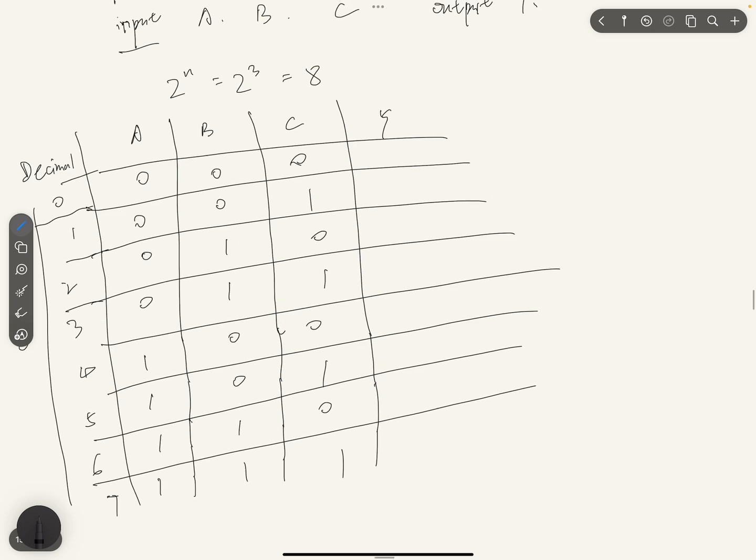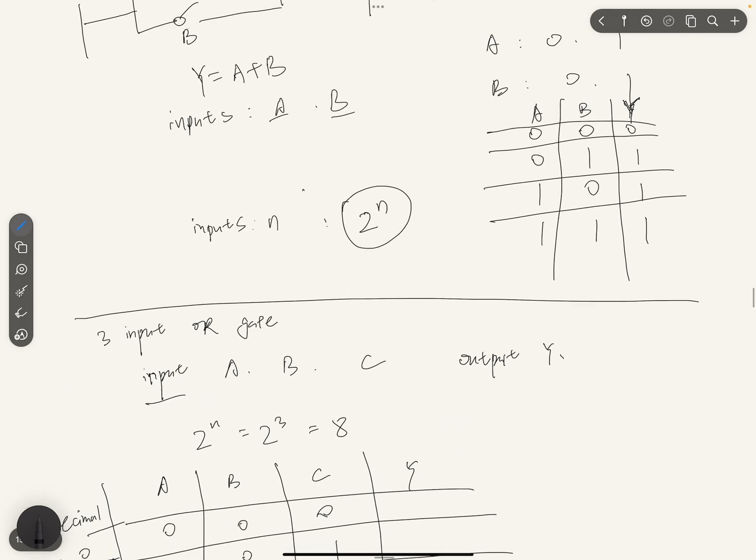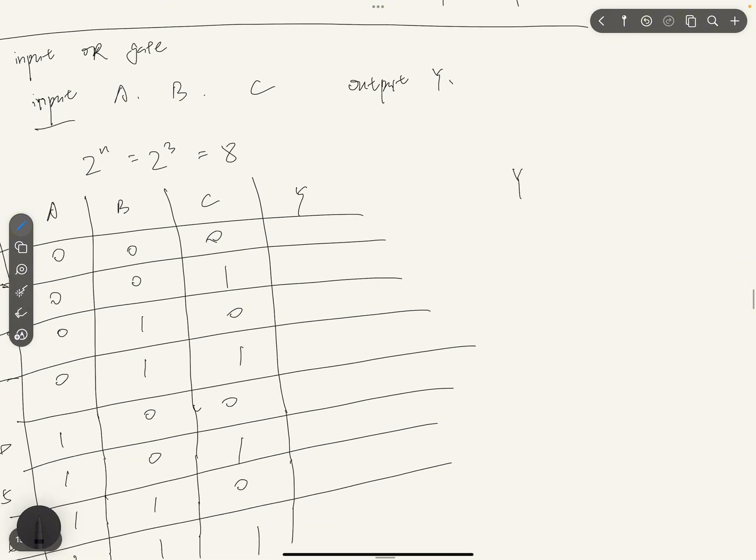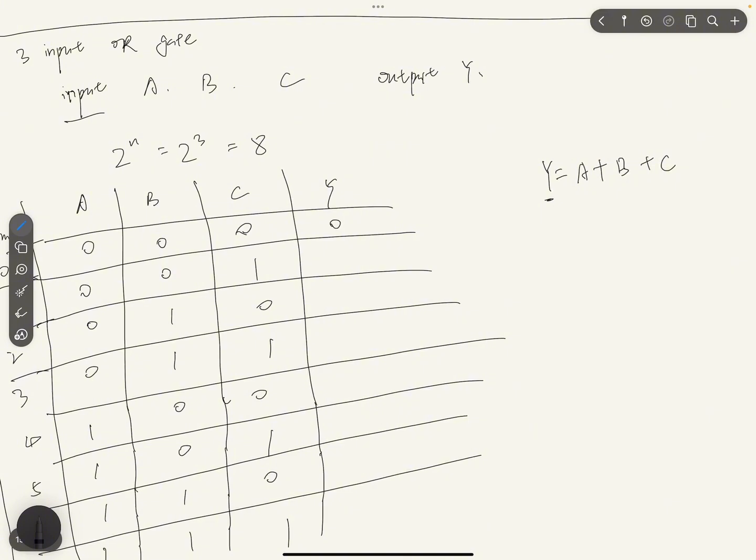So for the OR gate, the Boolean expression is still y equal to A plus B plus C. Whichever input is 1, we will get the result of 1. The first one is 0, and the rest all have ones.